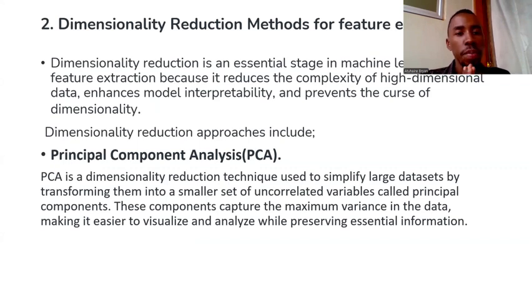Then number two, we go to dimensionality reduction methods for feature extraction. Dimensionality reduction simply means reducing complex data from high dimensions to lower dimensions for easy interpretability. Dimensionality reduction can be done in very many ways.